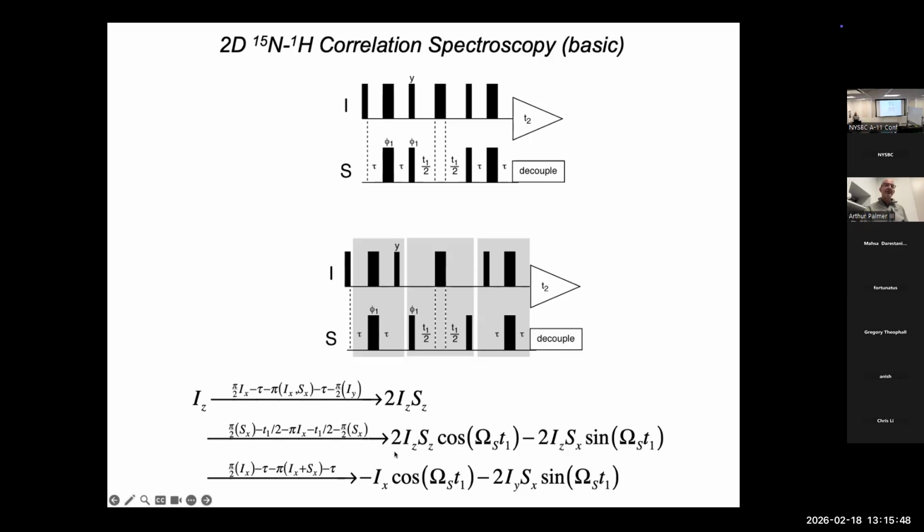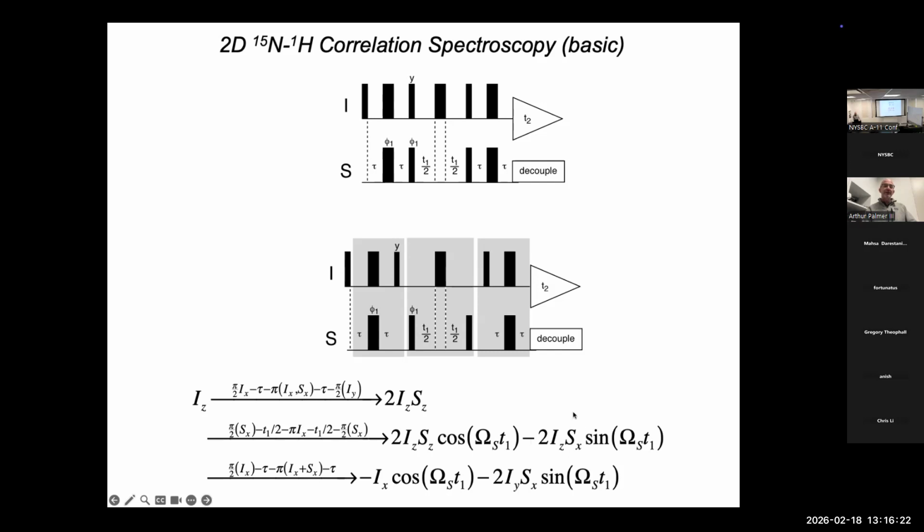And if I adjust the delay properly, this becomes minus 2IY, and this will convert to IX. Right? The antiphase term will become in phase, and there may be a sign error.